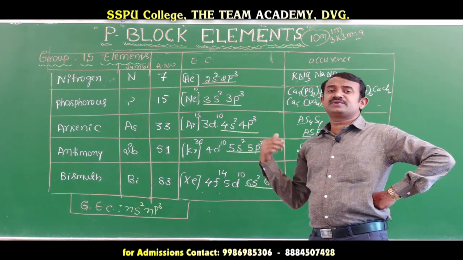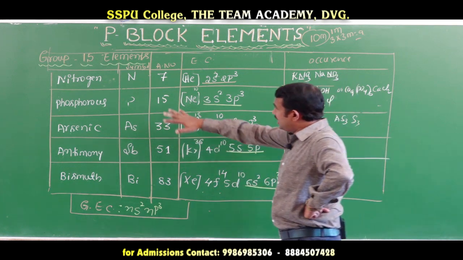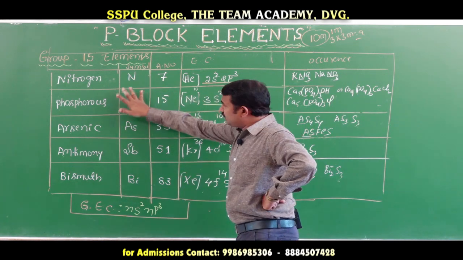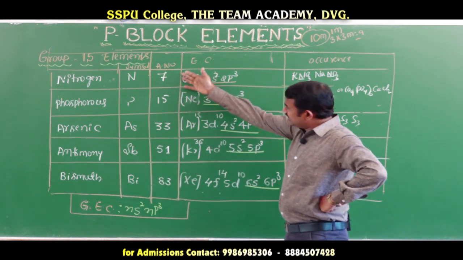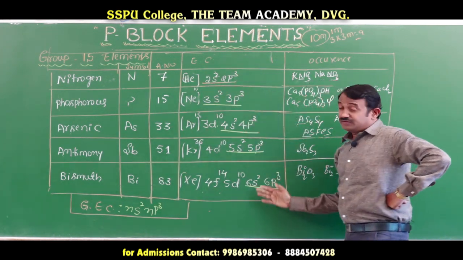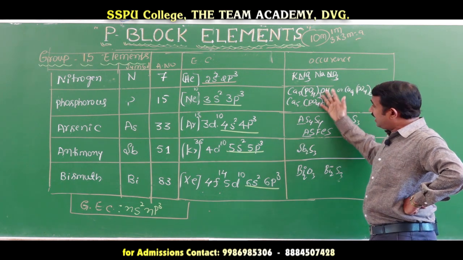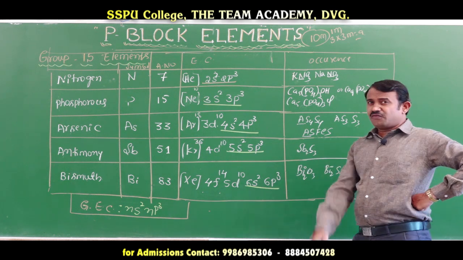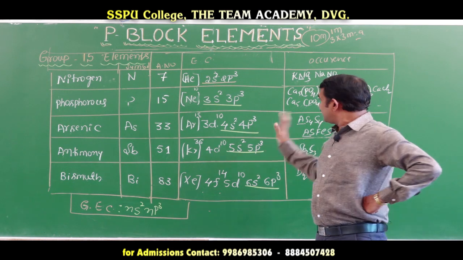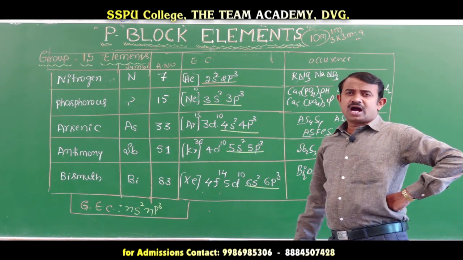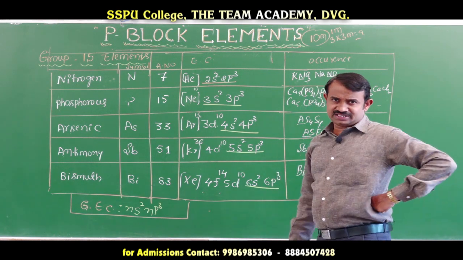The group 15 elements are nitrogen, phosphorus, arsenic, antimony and bismuth, with their atomic number, electronic configuration and occurrence. Next we will go one by one: atomic size, electronegativity and ionization energy.